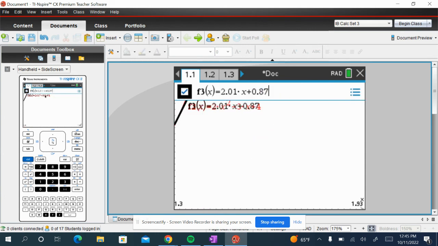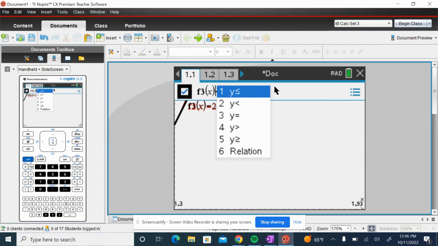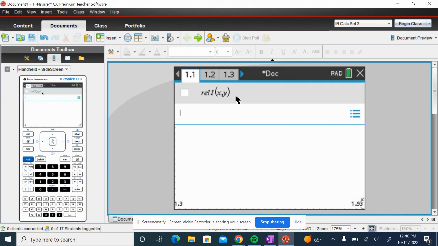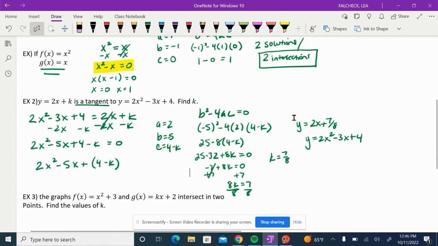Give me this graph. It's not a relation, it's a function, whatever. Okay, so now it's all weird, but yes, they are tangent to one another. You saw it in the beginning.